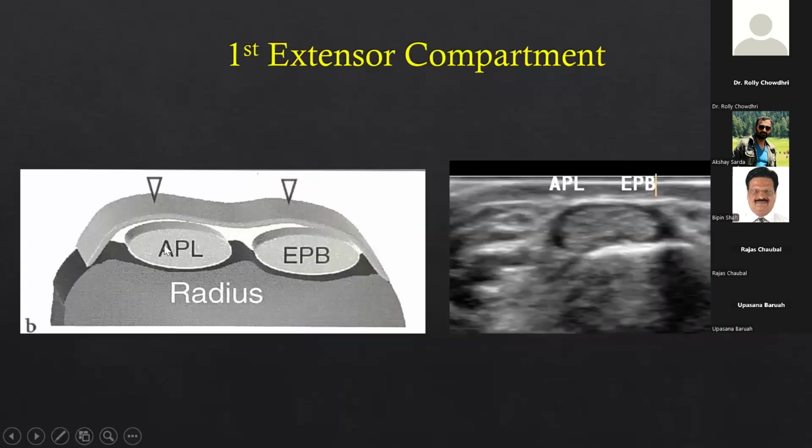The tendons that we see are surrounded by an extensor retinaculum. On ultrasound, you will see the 2 tendons resting on the radial styloid and covered by a very thin hypoechoic extensor retinaculum. In normal subjects, this is seen as a very thin hypoechoic band.